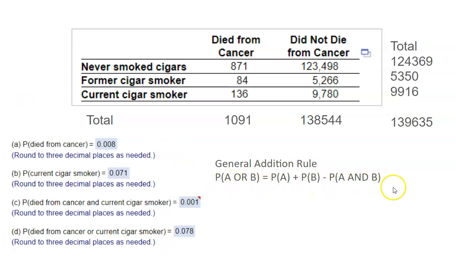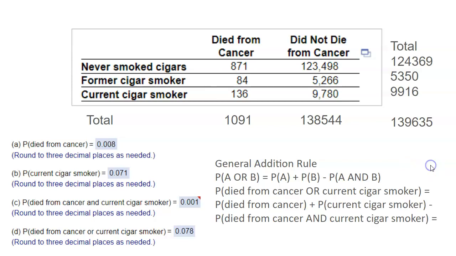So I've just copied here the general addition rule, which states that the probability of event A or B is the same as the probability of A plus the probability of B minus the probability of A and B. Relating that back to the context of this problem, again, we're looking for the probability that someone's died from cancer or is a current cigar smoker, given this data in the chart.